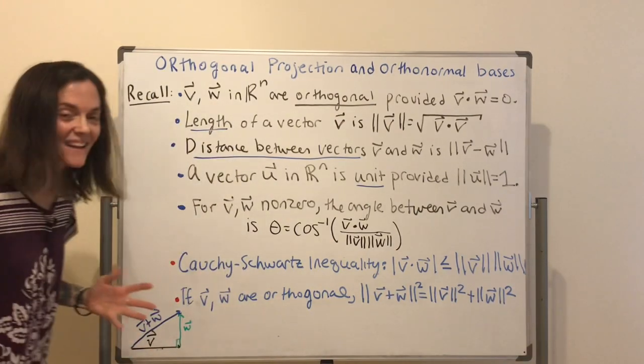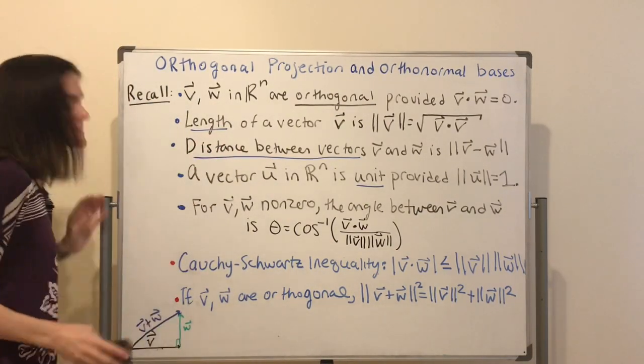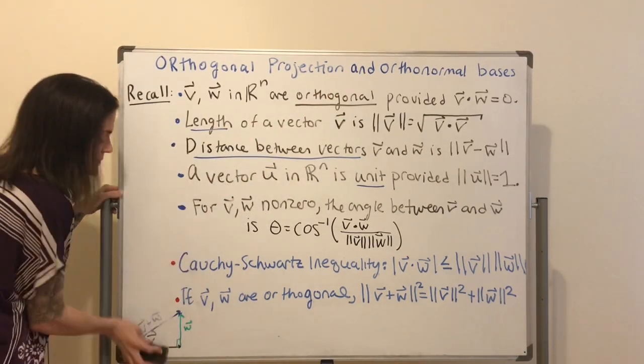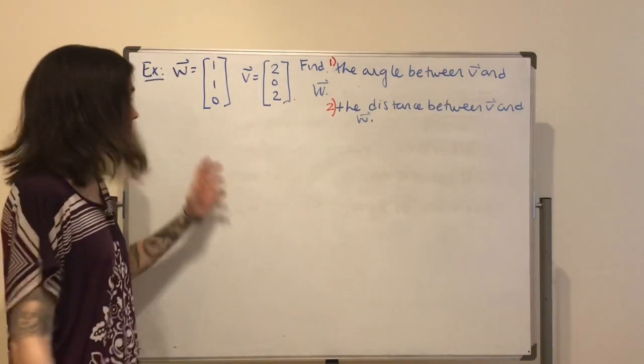Let's do an example of using some of this before we get into orthogonal projection and orthonormal bases. Here are two vectors in R3.